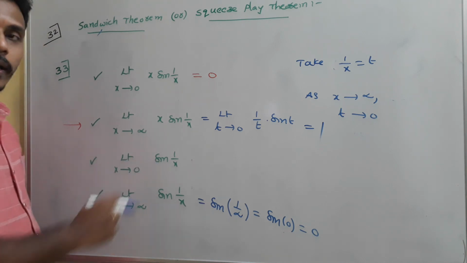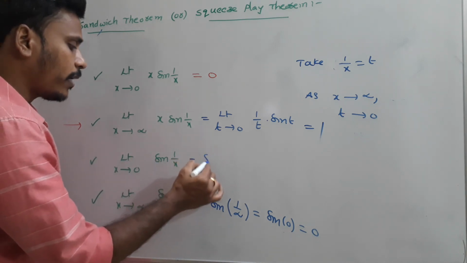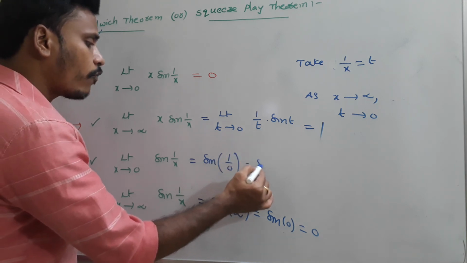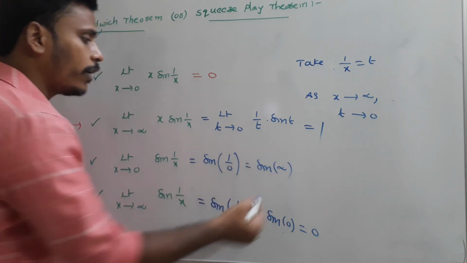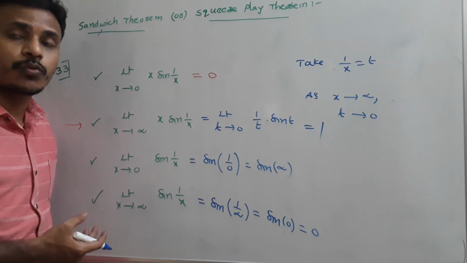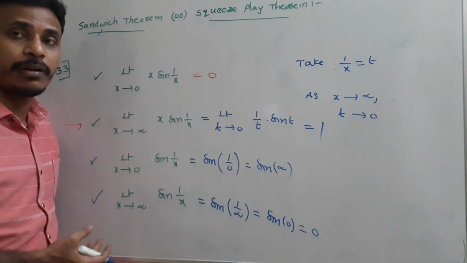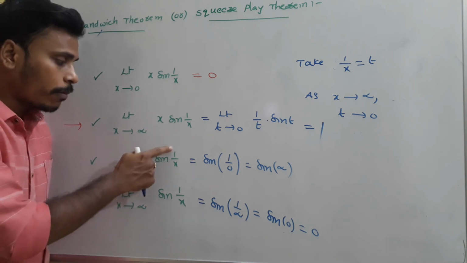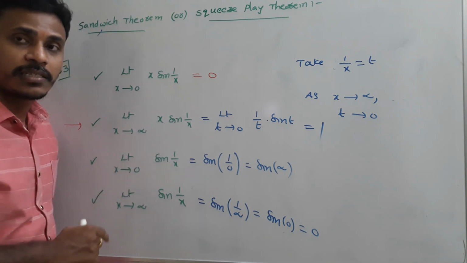But whereas this one, limit x tends to 0, sin 1 by x, is sin of 1 by 0. Sin of 1 by 0 is actually sin infinity. Sin infinity is a value in between minus 1 and 1, but there is no exact idea of that value. In another way, 1 by x is not defined as x tends to 0.